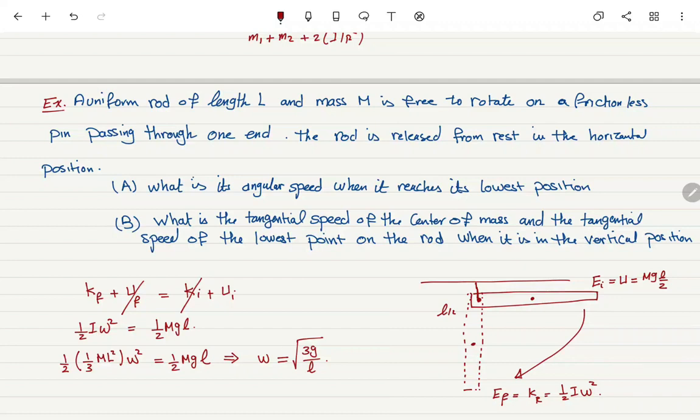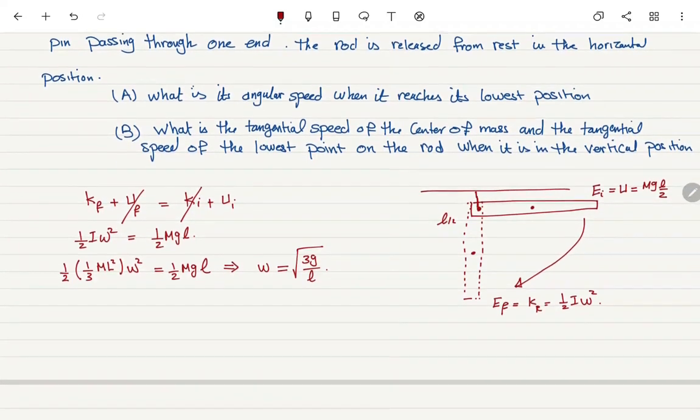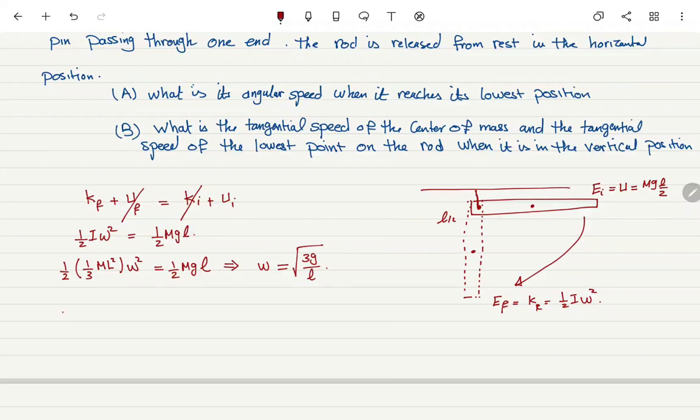Now to find the tangential speed of the center of mass and the tangential speed of the lowest point on the rod when it's in the vertical position, let's first find the V center of mass. In this case, it's equal to R omega, where R is the distance between the pivot and the center of mass. It's L over 2.